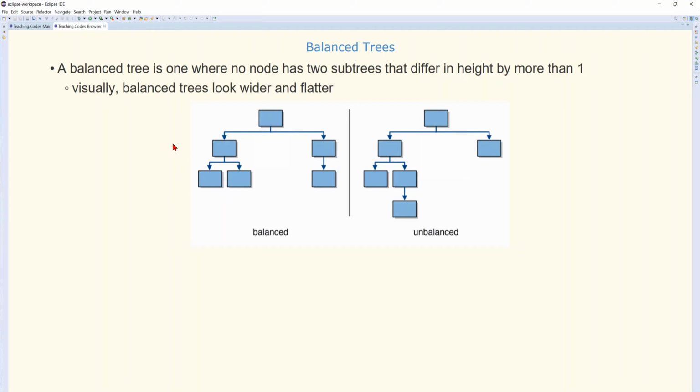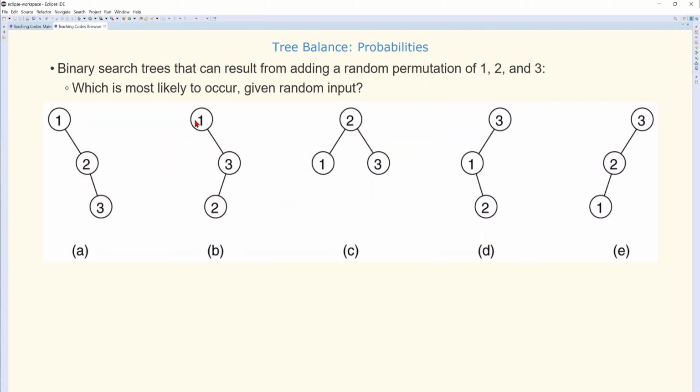But note that the visual look sometimes might cause some misinterpretation, as we will see with the examples later. So consider the trees composed of 3 values in parts A, B, C, D, E. Okay, so we just have the values 1, 2, 3 in all of these trees.